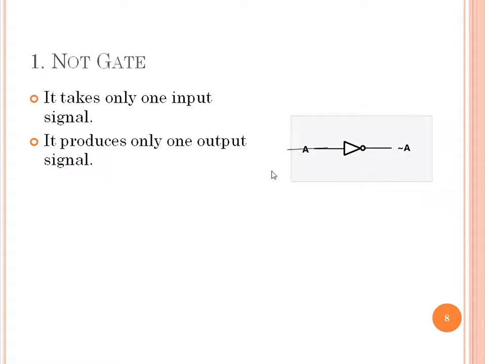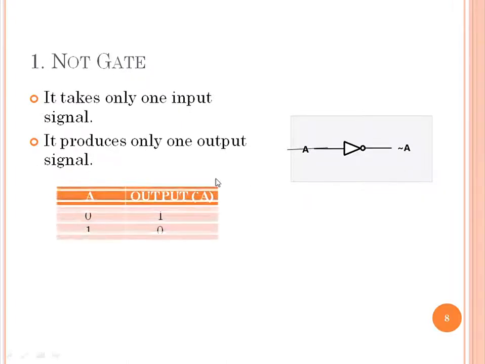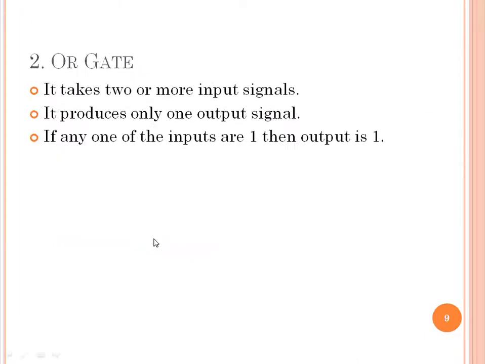We can see the input signal is being provided, and in return the output that we are getting is the negation of the particular element. Like if the input we have is 0, then the output that we'll get would be the negation of it, that is 1, and vice versa.